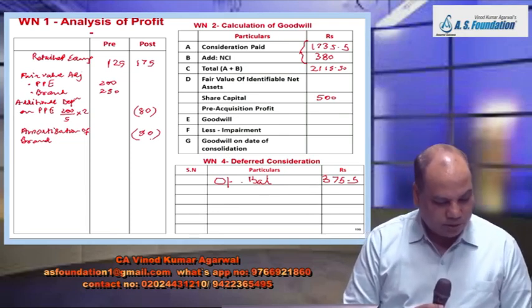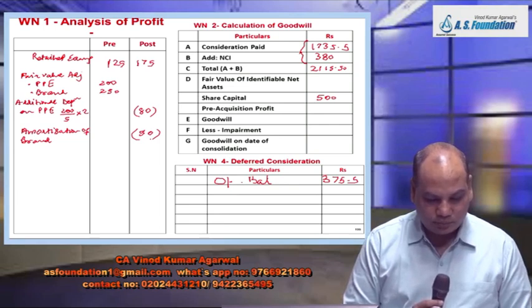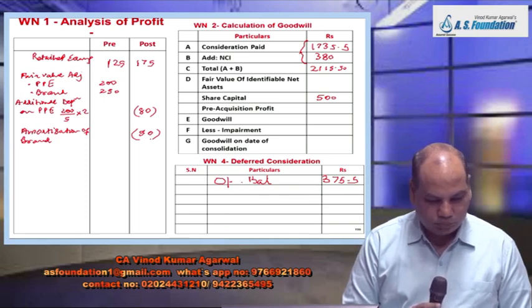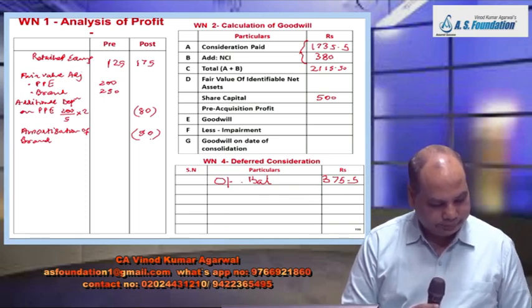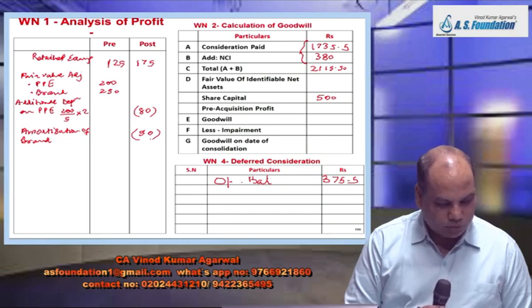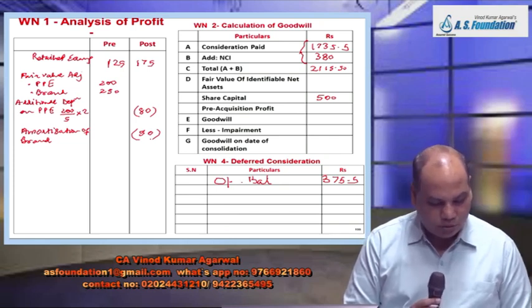Okay. Point number 3. Consolidated goodwill has been impaired by 280,000. So go to that working note on goodwill.